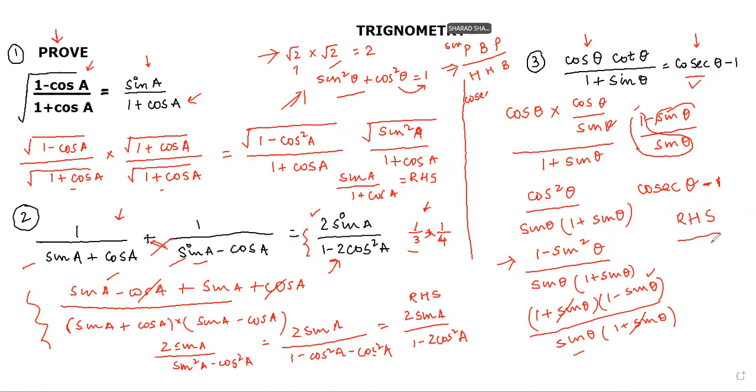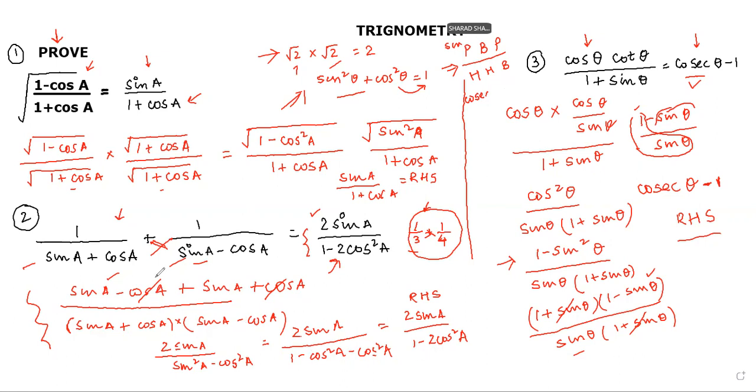I hope, just to summarize, in the first one, there was no square root in the right-hand side. So we multiplied square root in the denominator, in the numerator, and we saw answer coming. In the second one, two fractions were given. What do you do when two fractions are given? You simply take the LCM, and this is what we do in normal mathematics. And we took the LCM, we solved it, and we got the right-hand side.